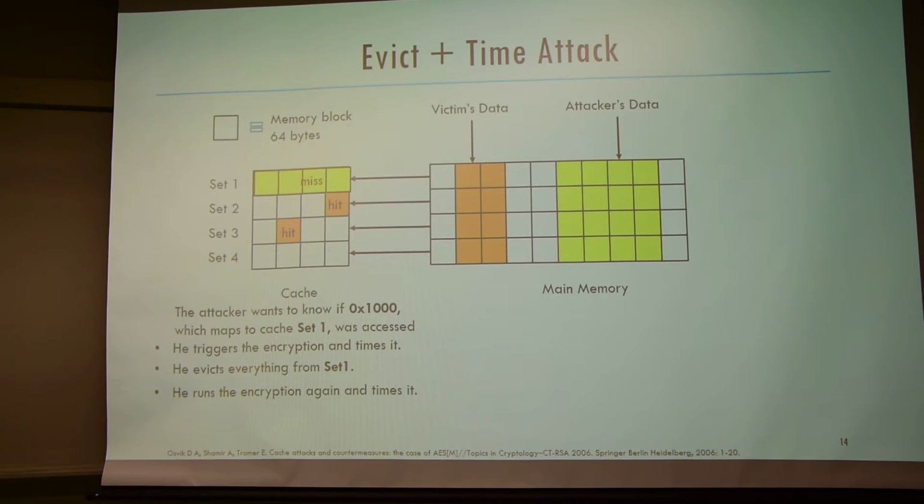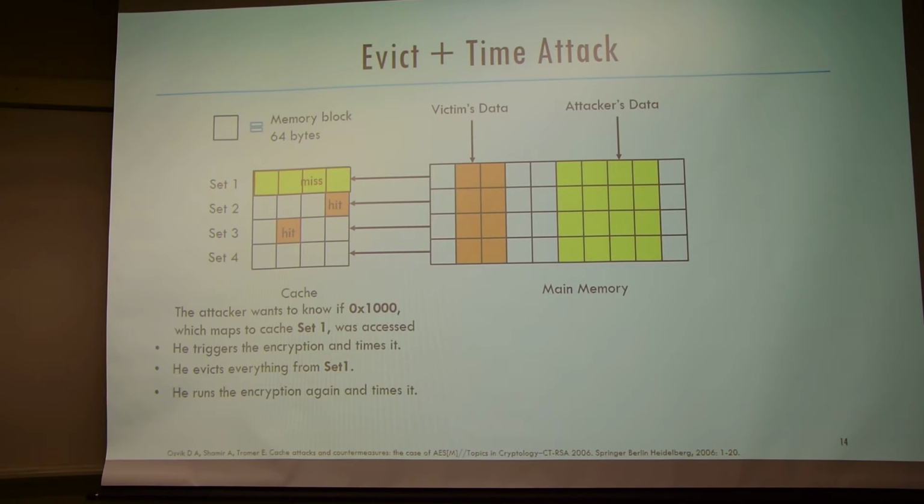But how can an attacker control the cache mechanism? No, the attacker doesn't control the cache mechanism. What do you mean by control the cache mechanism? You said the attacker evicts set 1. By sending data to the cache: the attacker reads lots of data that will fill this cache.